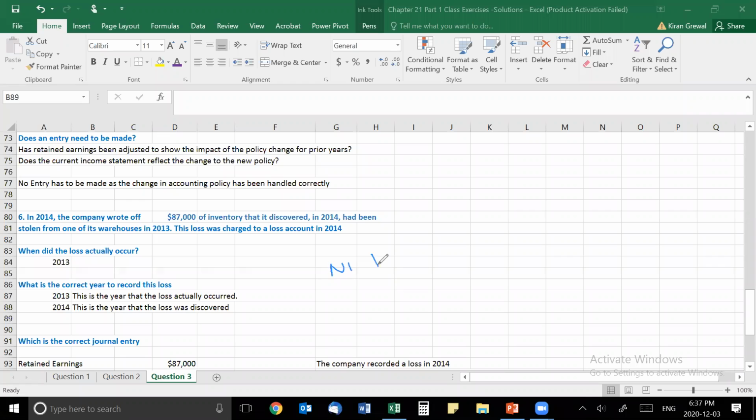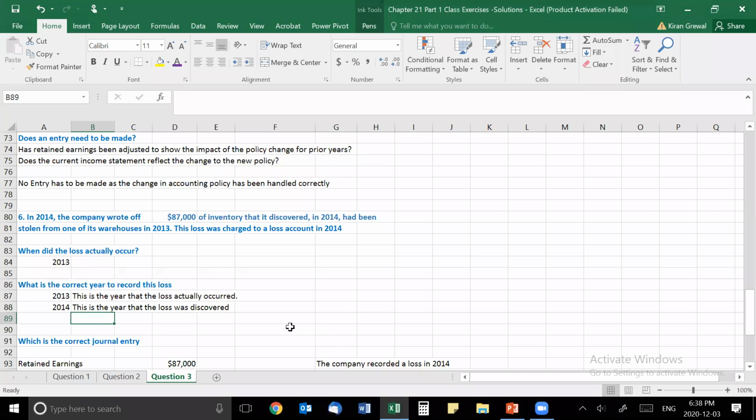So net income is too high in 2013, which means opening retained earnings in 2014 is too high. So to bring it back down, we have to debit that. And because this was charged to a loss account in 2014, and it shouldn't have been because it's relating to 2013, we're going to reverse this loss. So we debited the loss, so we're going to credit the loss now.